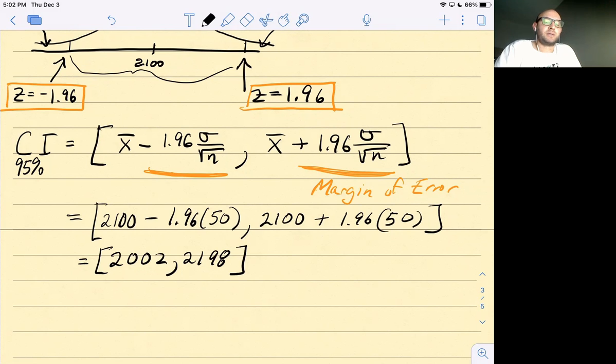That could happen. But most likely your interval has the true mean. You don't know where it is. It could be 2003, it could be 2197. You have no idea where it is, but you know that the chance of it being in there is 95%.